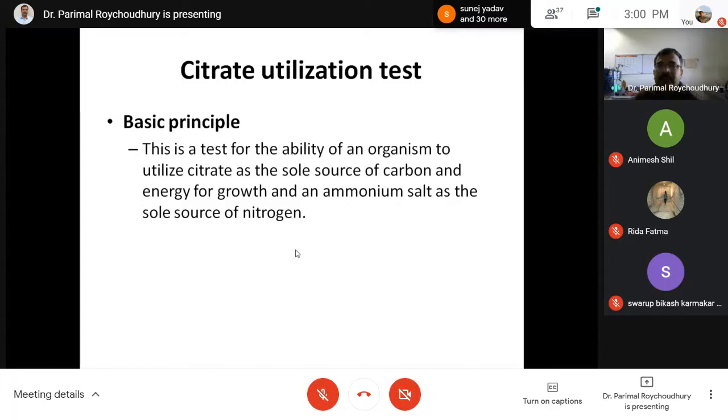But there are certain pathogenic organisms which can grow and multiply in the presence of inorganic salt. They don't need any reduced organic compound. They can utilize inorganic salts like sodium citrate, and some ammonium citrate, as a sole source of carbon and energy, and grow and multiply.